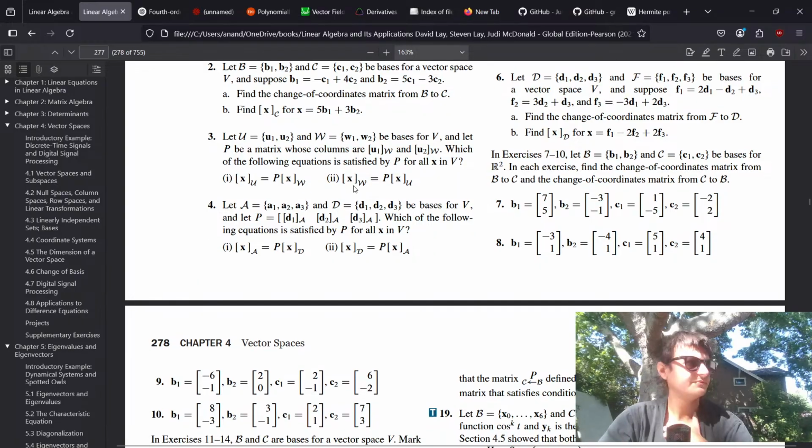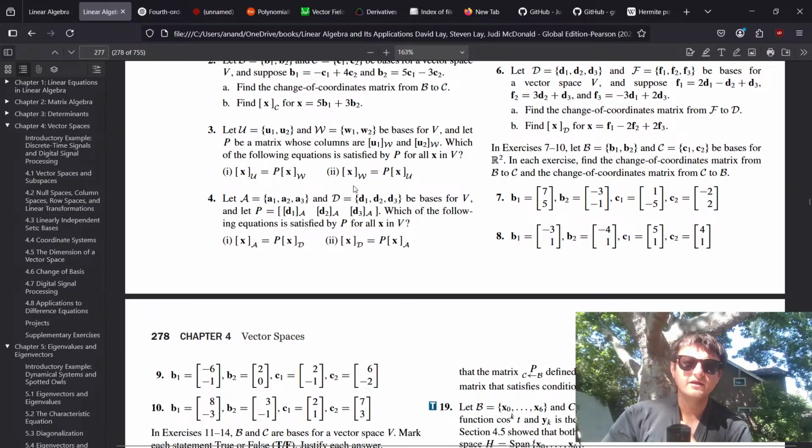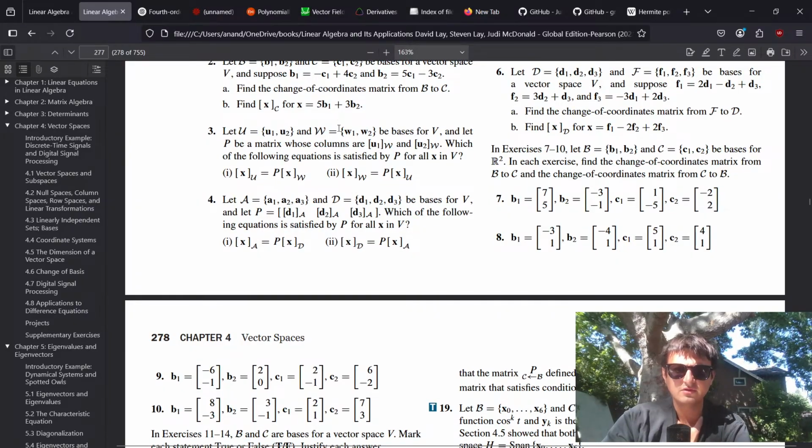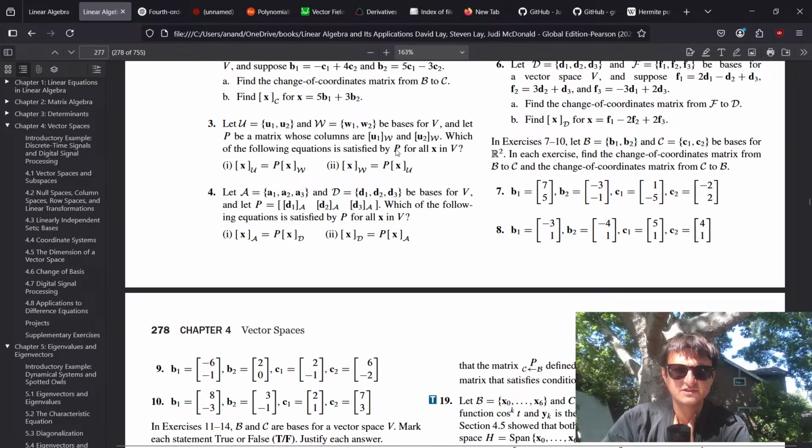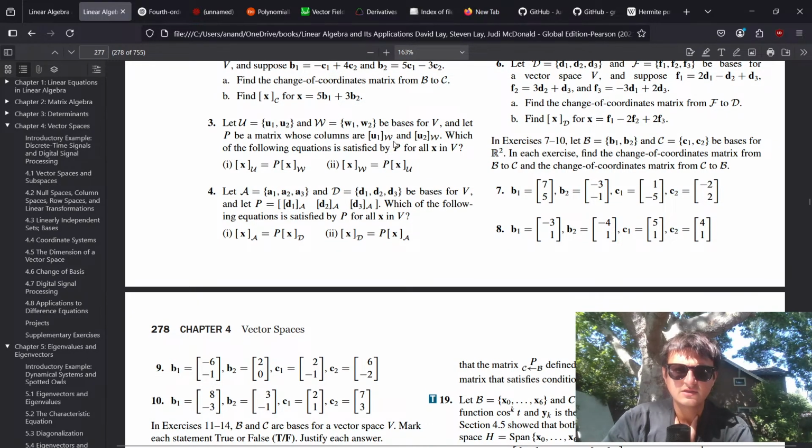Okay, 3: let U and W be bases for V. Let P be a matrix whose columns are U in terms of W, and which of the following equations is satisfied? So in this case, it's going to be this one.